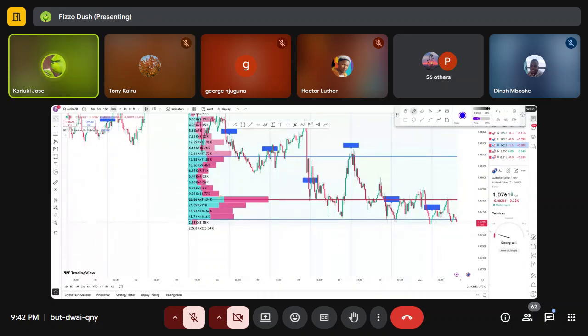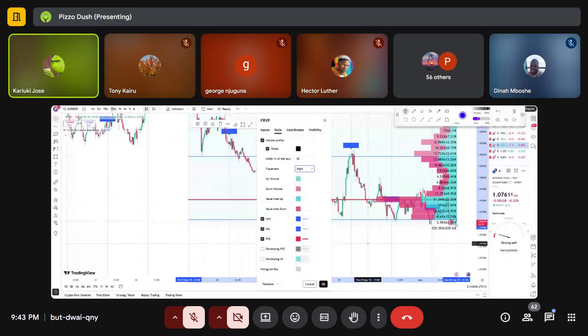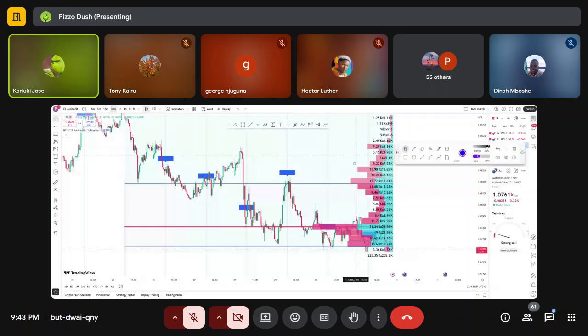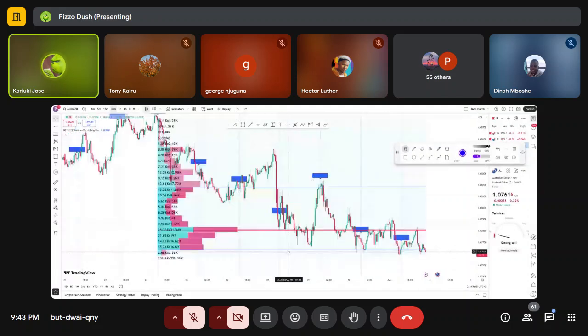For example, at a point of control here, this is a point of control here. The problem is we have put it on the right. Let's try to see if we can put it on the left so the bid and ask sit properly. So yeah, it will look better. Let's just return it as it was. So it shows you the actual volume at each and every level.